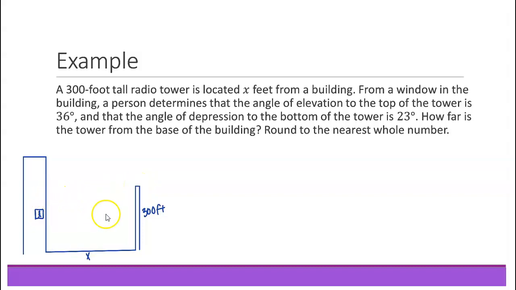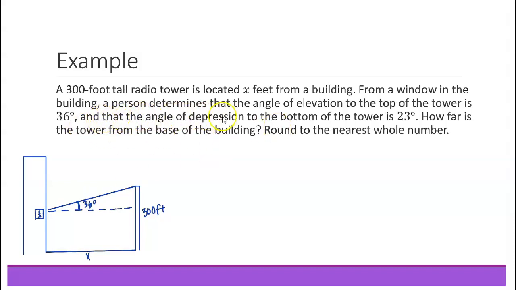Now remember, it's from that horizontal line of sight. So I'm going to go ahead and attempt to sketch this horizontal line as a little dashed line there. So from the horizontal line of sight upward. So angle of elevation goes from the horizontal line of sight up. So this little angle is 36 degrees.